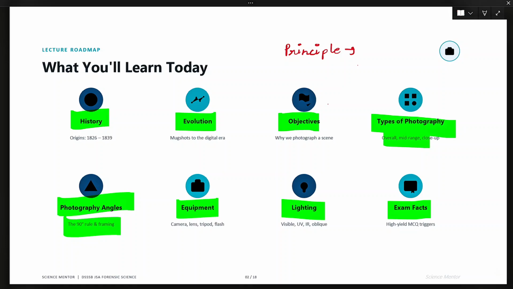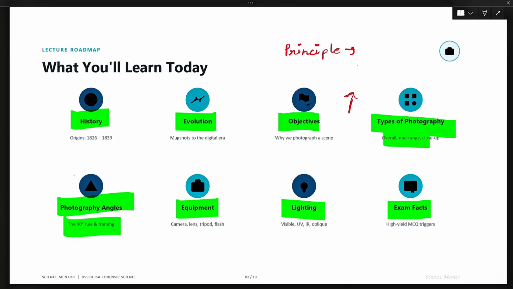We have to study principles here after the objectives. Then we study the types of photography, which are overall, mid-range and close-up photographs. Then photographic angles, then equipment like camera, lens, tripod and flash, then lighting: visible, UV, IR and oblique light. Then we discuss some MCQs.